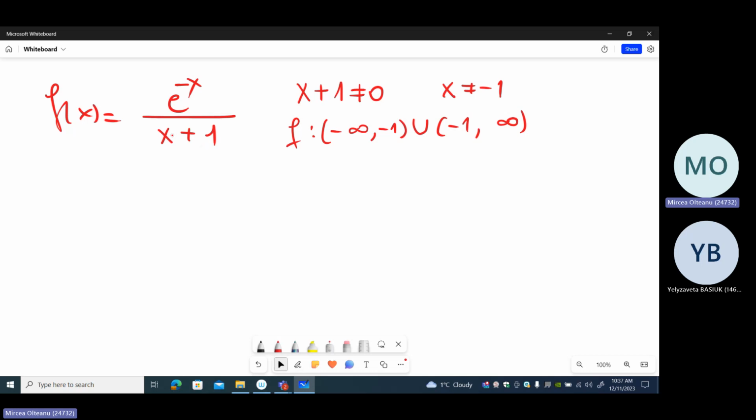Okay, now let's start our algorithm. First we need to compute the derivative. Please compute the derivative.